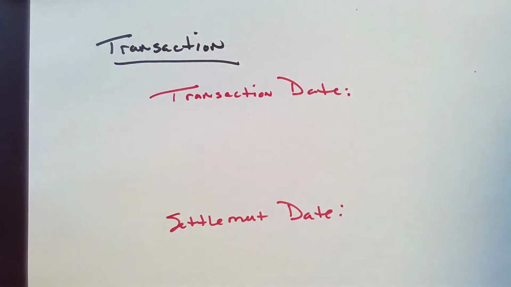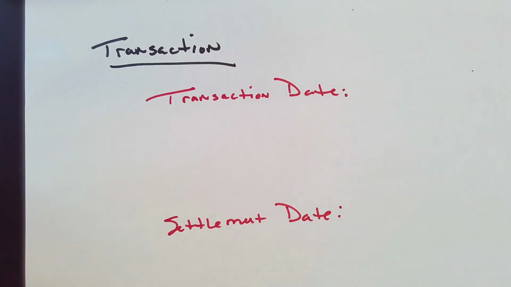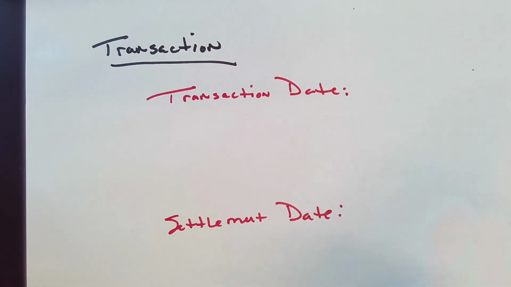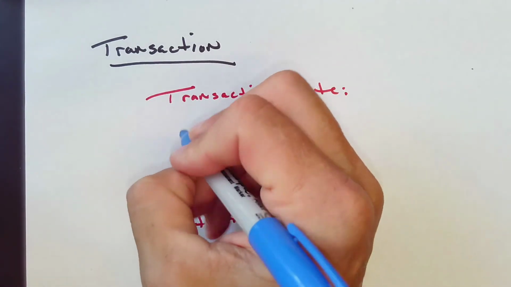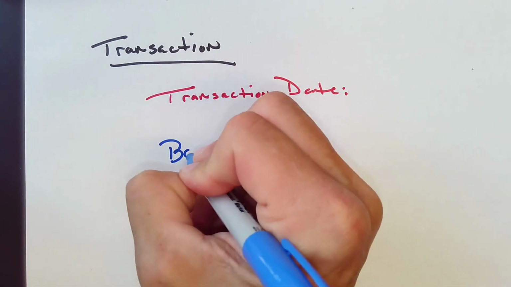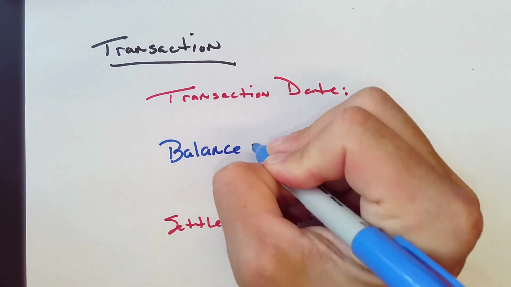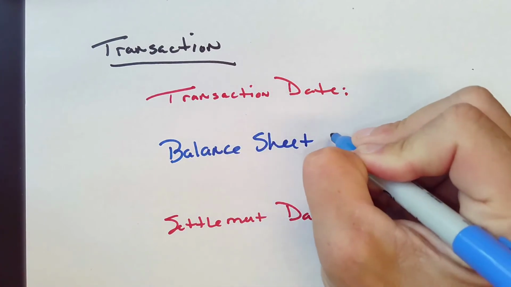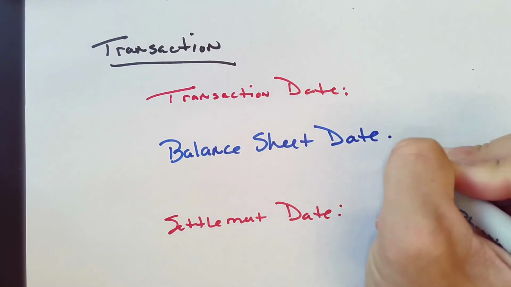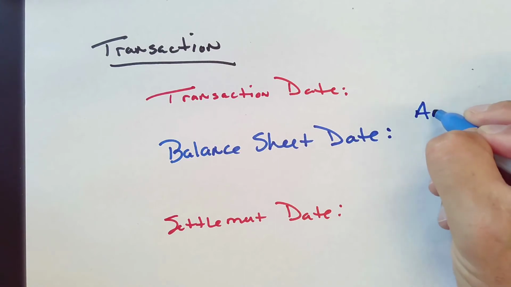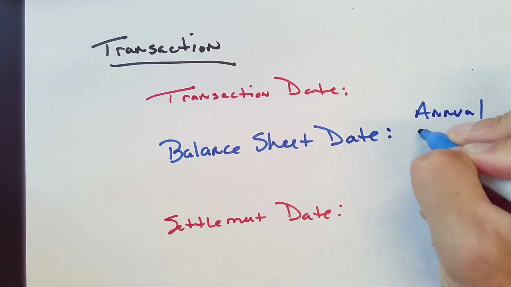The third date, which is the reason why this comes up, is a balance sheet date. That could be annual or quarterly.